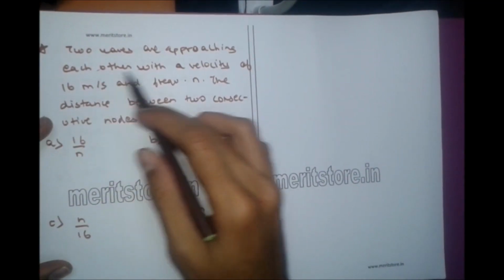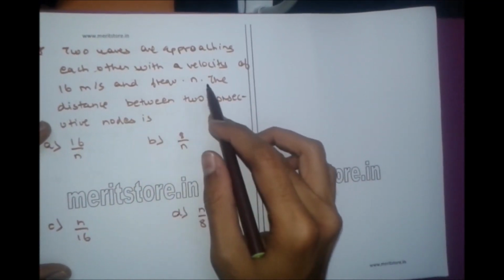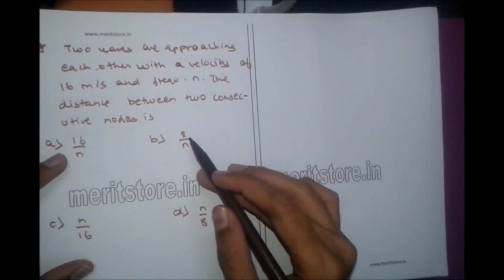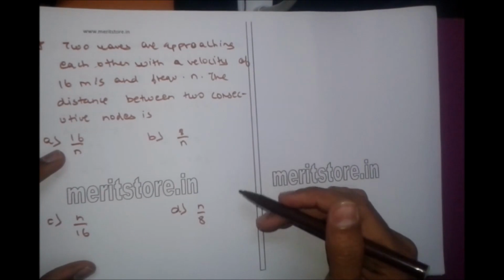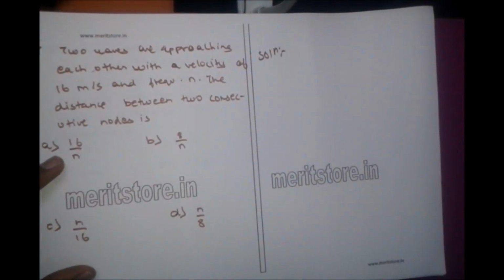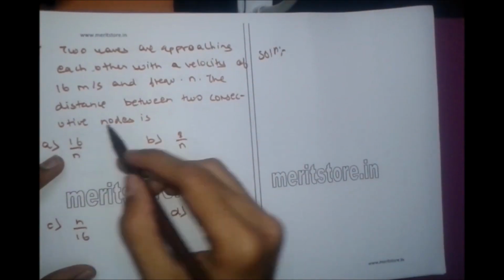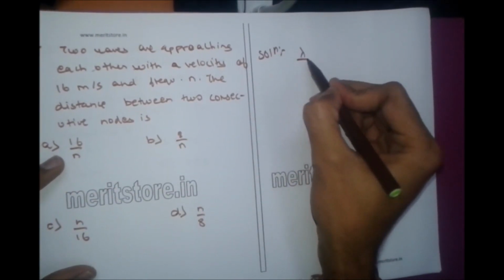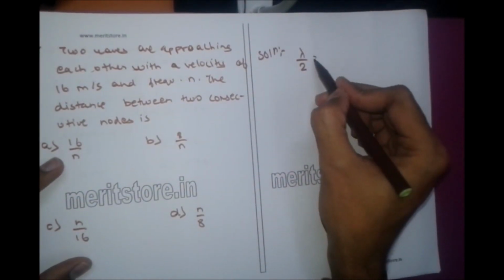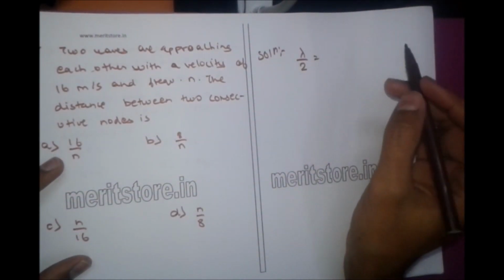Waves are approaching each other with a velocity of 16 meters per second and frequency n. The distance between the consecutive nodes is 16 by n, 8 by n, 16 by n, or n by 8. So the distance between two consecutive nodes is λ/2.